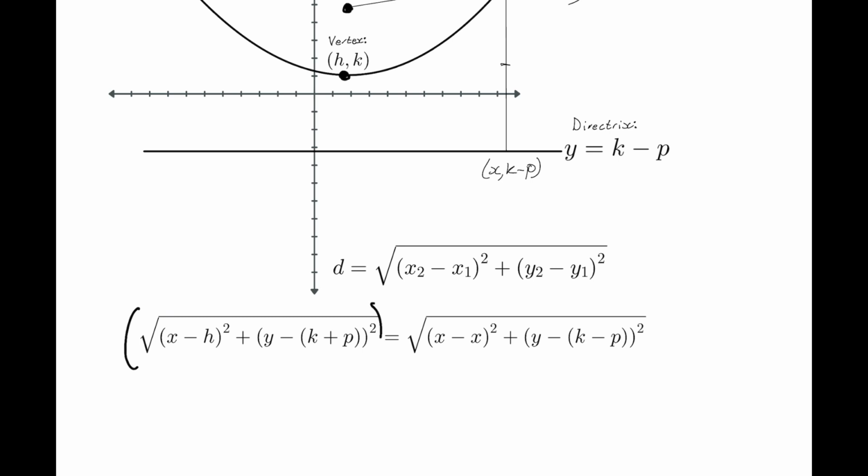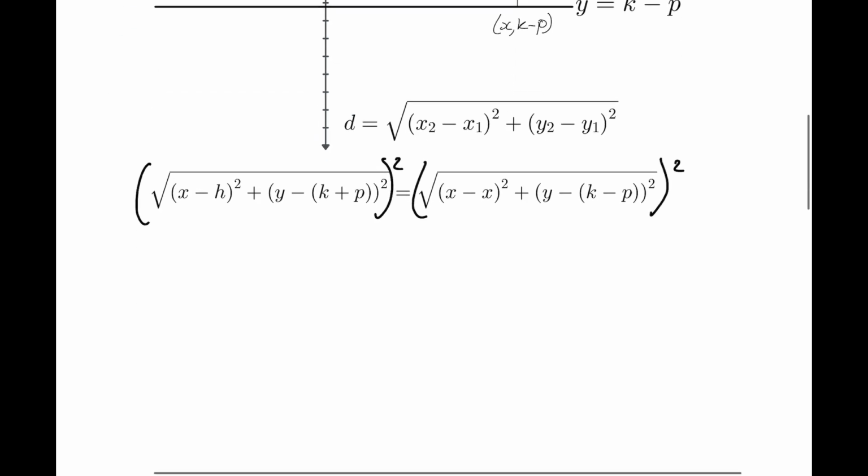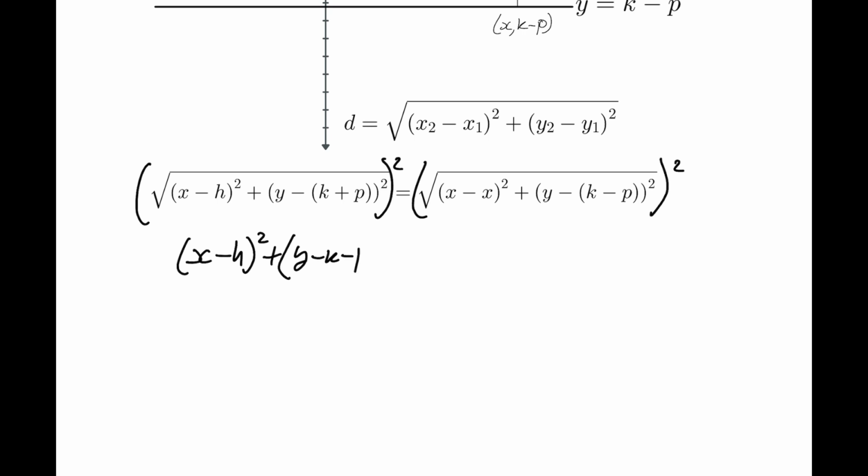We could square both sides, get rid of those square roots, and we'd have (x minus h) squared plus (y minus k minus p) squared, just simplifying a bit, would be equal to, over here we'll have x minus x is 0, and 0 squared is 0, plus (y minus k plus p) squared.